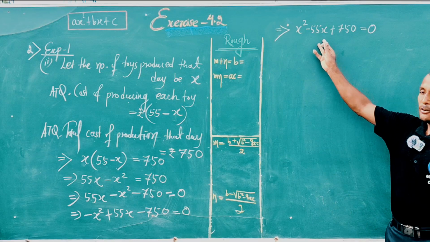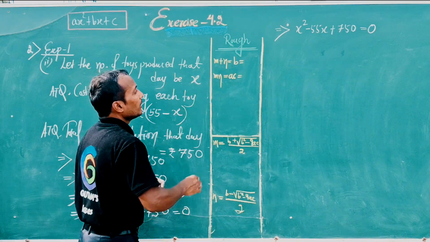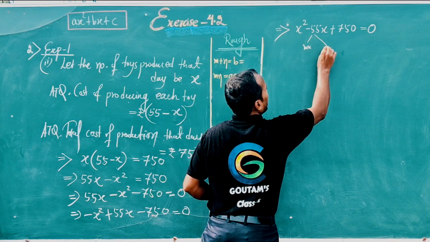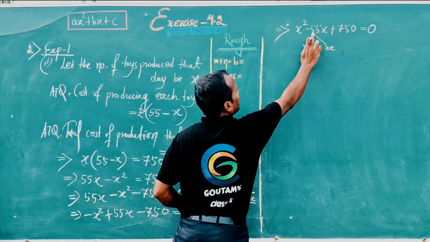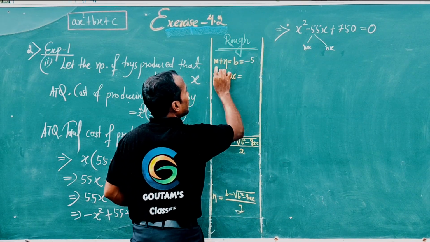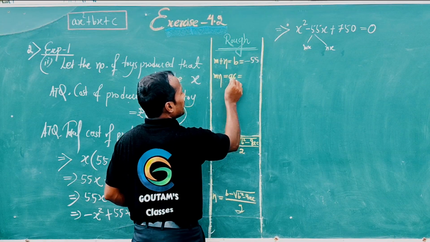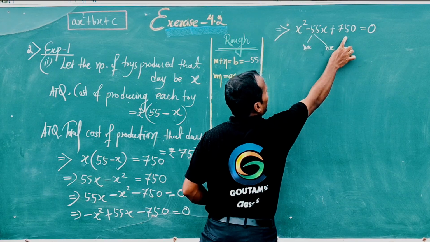I'll split the middle term now and factorize it to get the solutions. So we are searching mx and nx. So m plus n has to be equal to minus 55, m plus n is equal to b, means minus 55, and product of m and n should be equal to a into c, means 1 into 750. A is 1, c is 750.